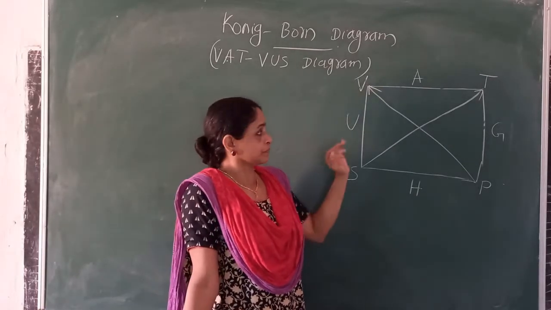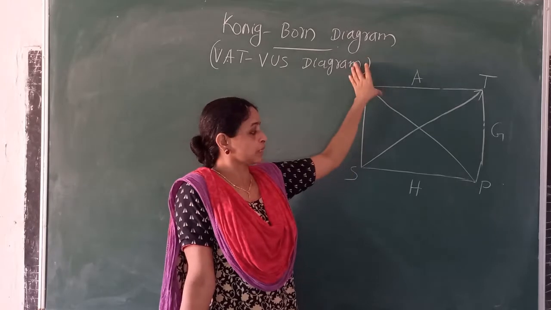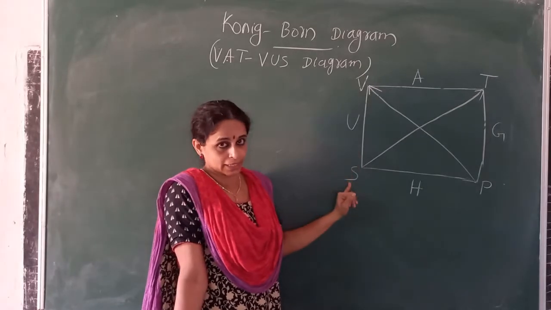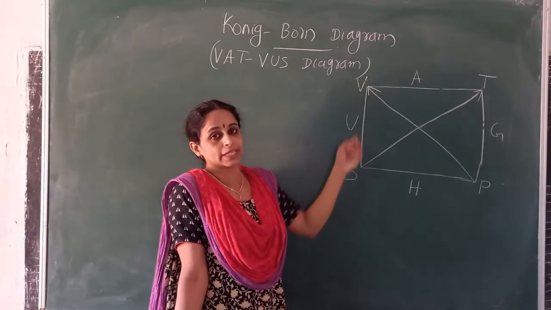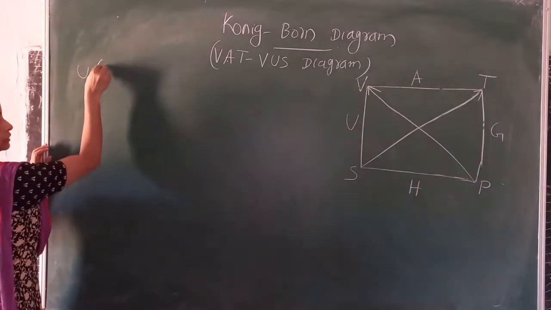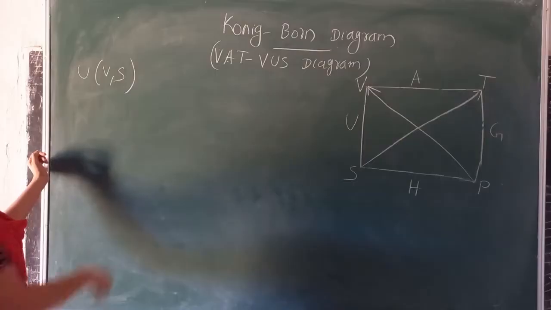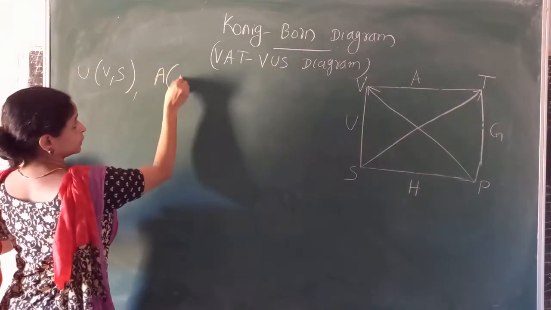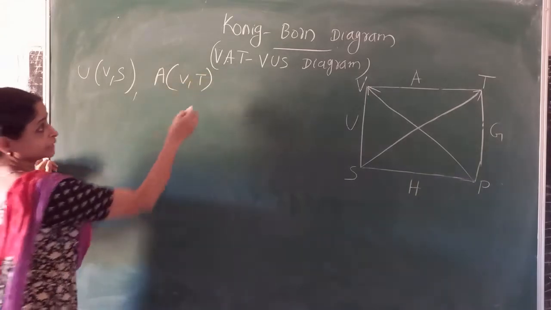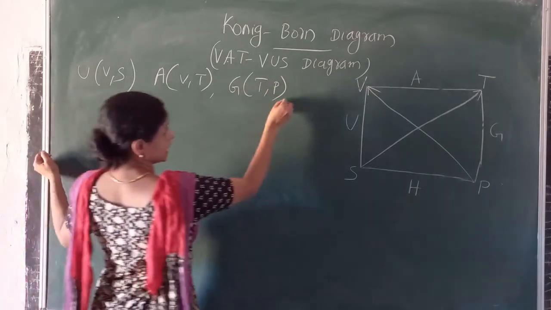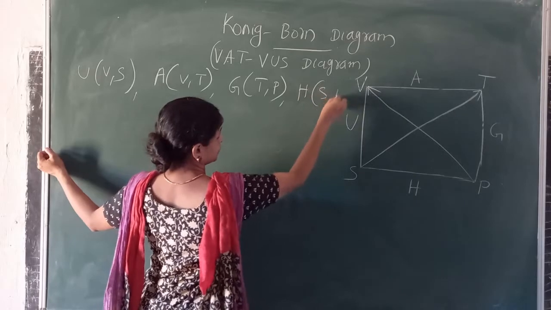You can see that U is marked in between V and S. So U is a function of V and S, so you can write U as a function of V, S. A is a function of V and T. Then G is a function of T and P. Then H is a function of S and P.